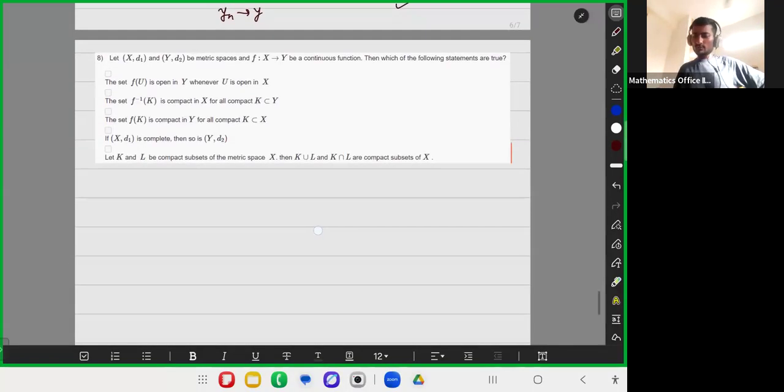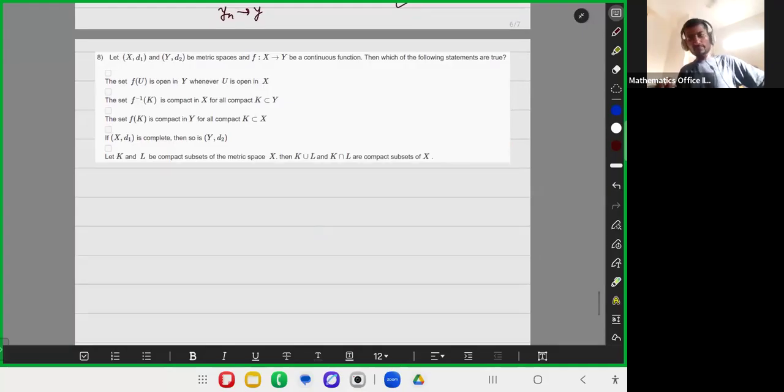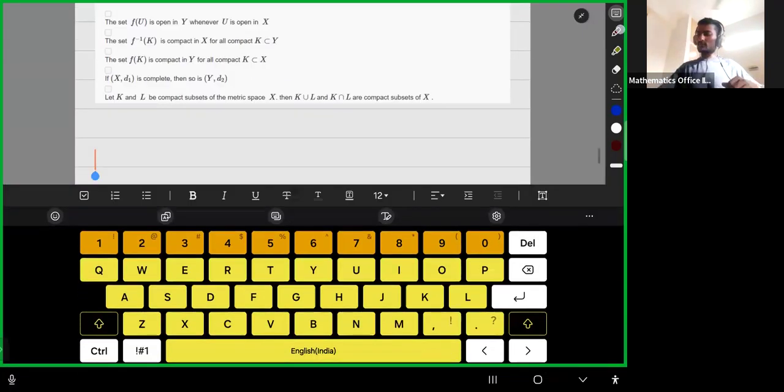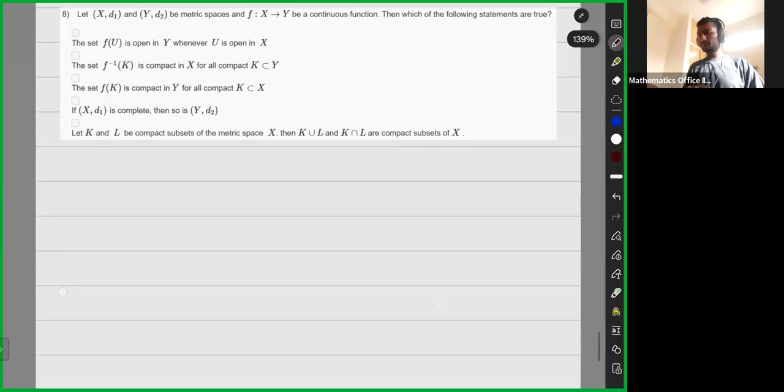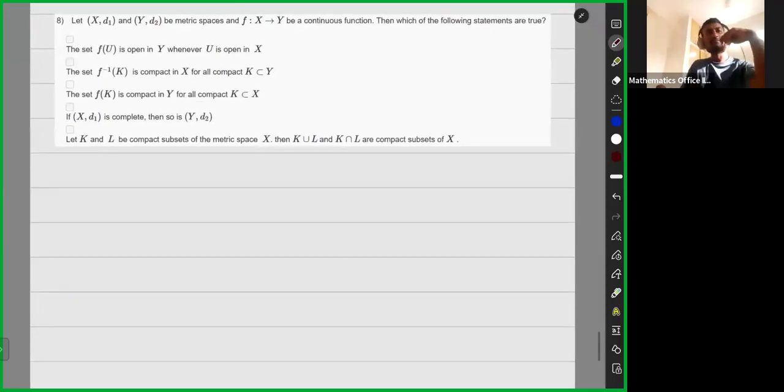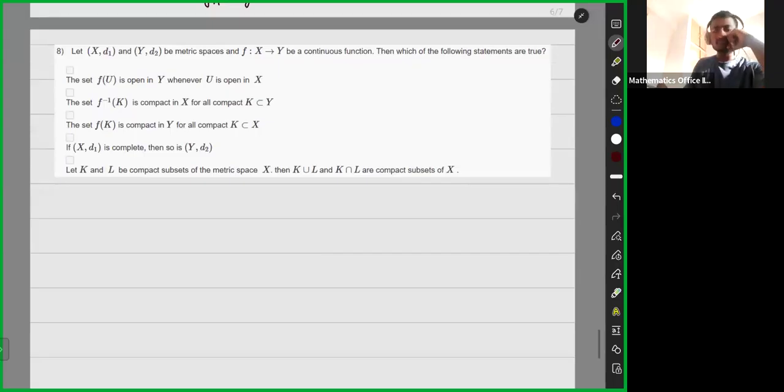So question number 8. We have two metric spaces and a continuous function between them, and we have to see which of the following are correct. The set f(U) is open in Y whenever U is open. This is not the definition of continuity, and we don't know about images, right?